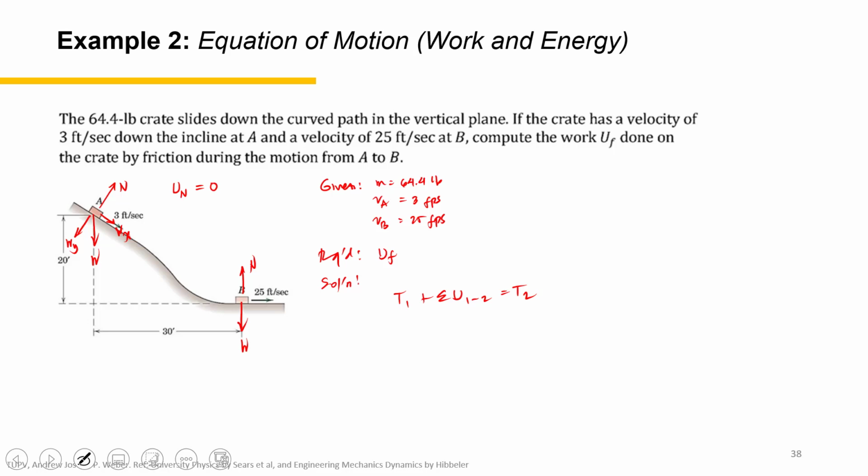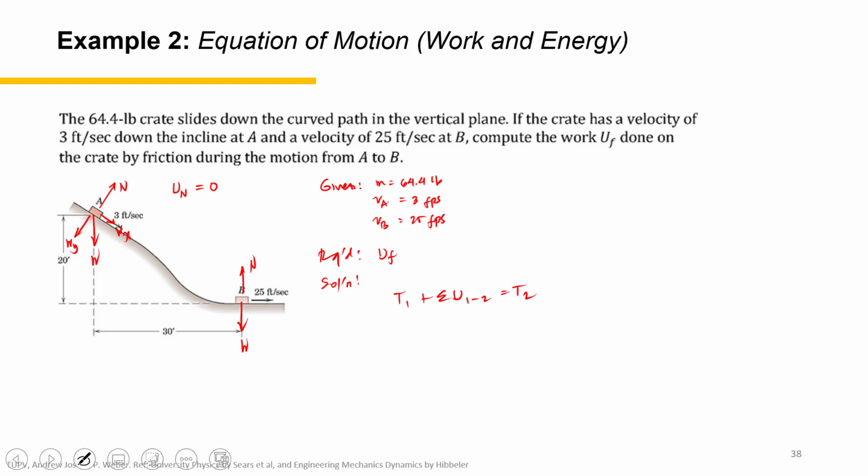But the curved path is not defined, and so we don't know the total displacement from point A to point B along that curved path. And since Wx and Wy come from the vector W, the work of the weight is equal to the work of Wy and Wx. So that would only complicate the problem.